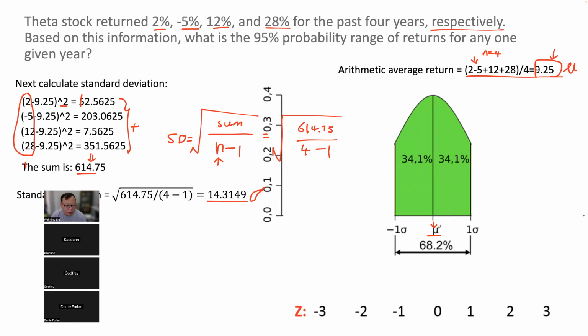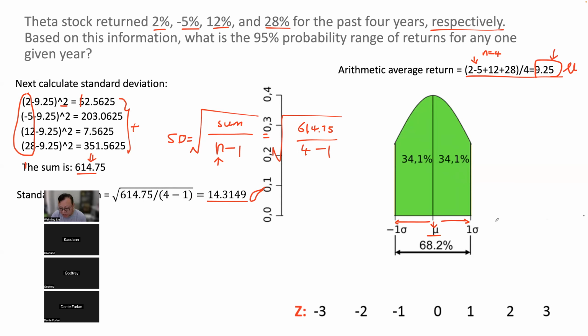If you consider 1 standard deviation from the mean, that means I'm going from the mean to the left by a distance of 1 standard deviation. Okay, so this is my left point. I'm also going from the mean, the middle, to the right side by a distance of 1 standard deviation.